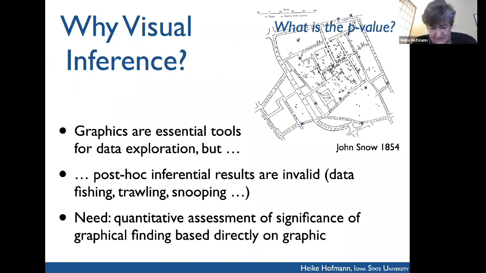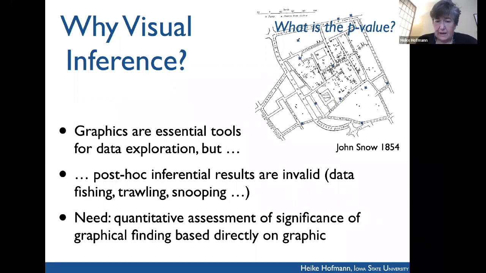What he did was essentially a Trelawney triangulation, showing that there was a lot more evidence beyond a hypothesis that there was no relationship between the pump and the places of death compared to what the data is actually showing. So what's the p-value? How can we use the graphical finding directly to quantify the significance of a result?